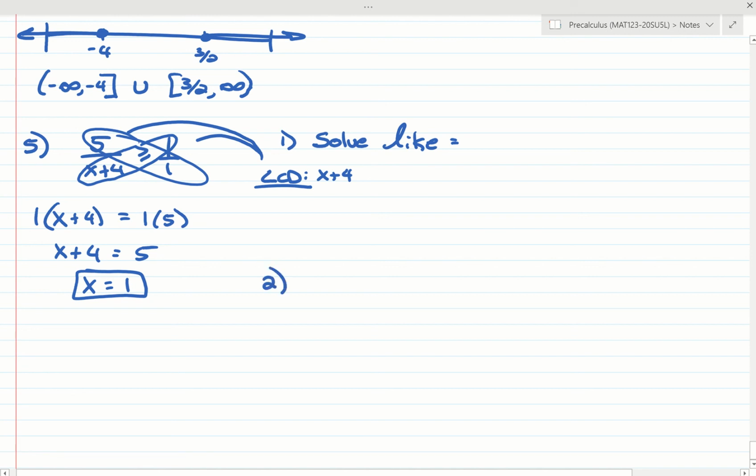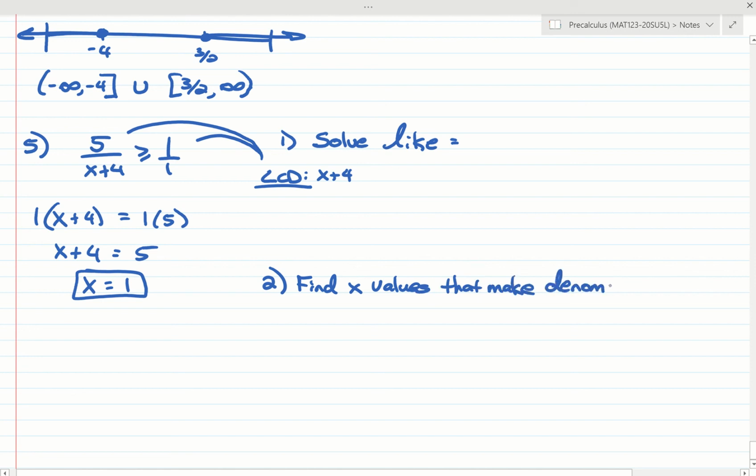Step number 2 is you want to find the x values that make the denominator equal to 0. So look at your denominators.